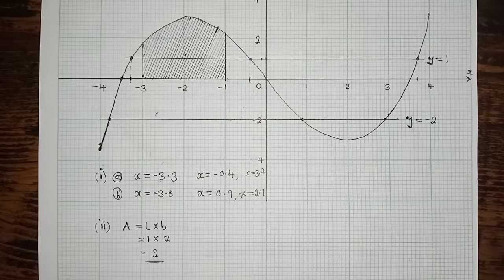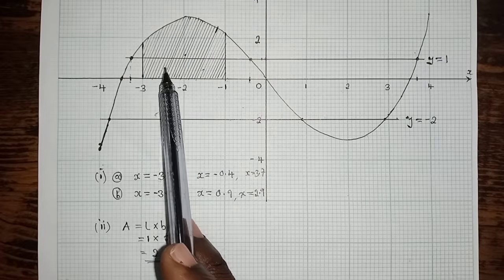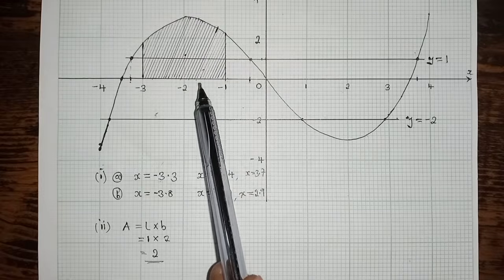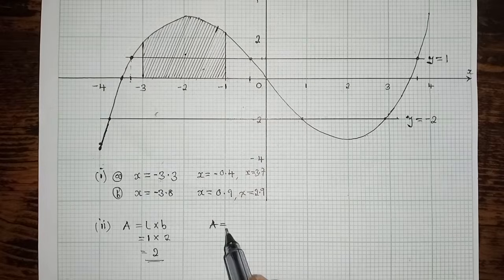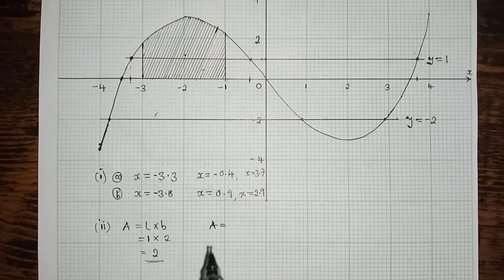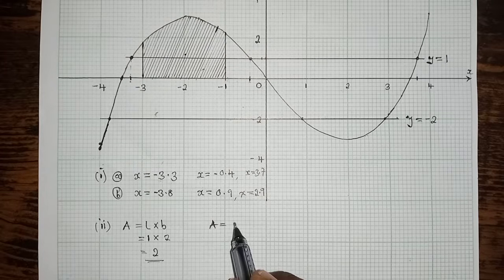I don't want to use the trapezium. If you want, you can use the trapezium. It's okay, it's fine. But I'm going to use the formula for finding the area of a rectangle. So once you do this, you can now find the area of half, okay? The area of an unfinished rectangle.